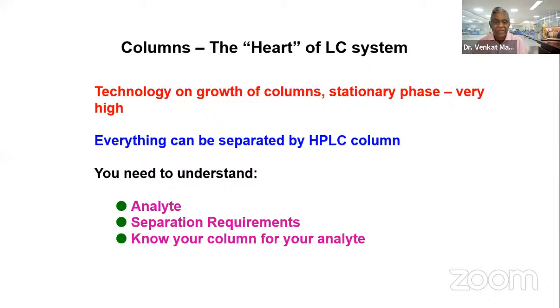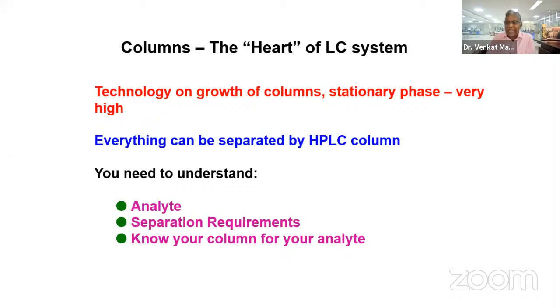Define your requirements. I know what my compound is. I also know what I want. Therefore, I know how to choose my column for analysis. For that, I should understand what a stationary phase is, and what kind of interaction it undergoes with respect to my compound.